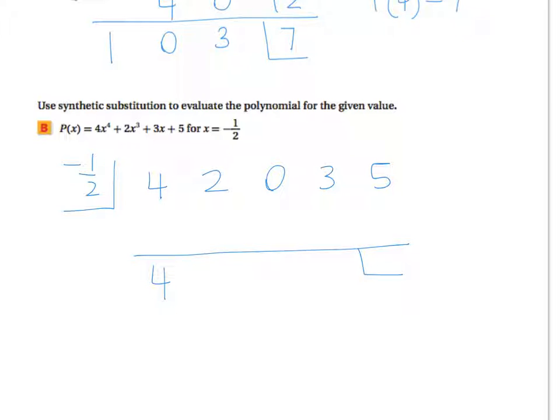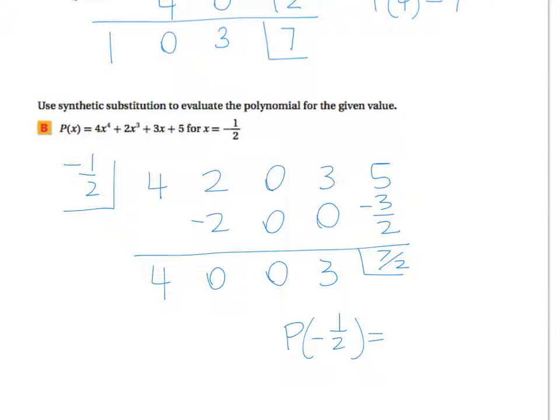Bring straight down, multiply, add, multiply, add, multiply, add, multiply, and add 5 minus 3/2, which is 5 minus 1 1/2, is 3 1/2, or 7/2. So P at negative 1/2 equals 7/2.